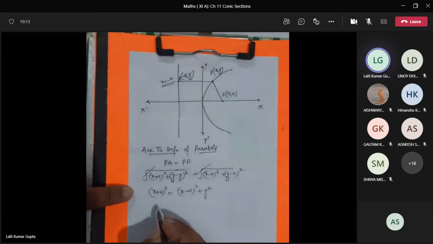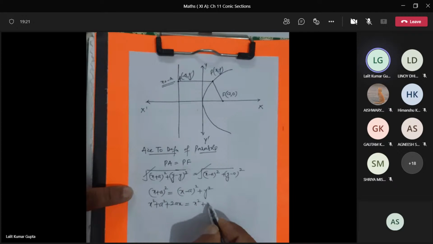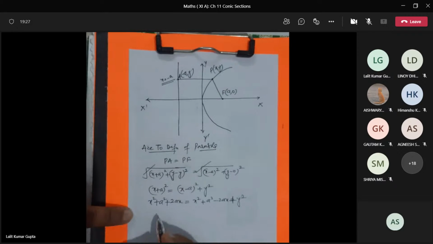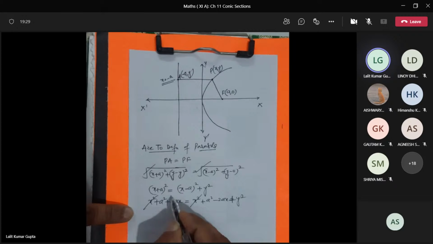Now simplify this. x square plus a square plus 2ax equal to x square plus a square minus 2ax plus y square. x square cancel, a square cancel. Shift this 2ax to this side. It is 4ax equal to y square.